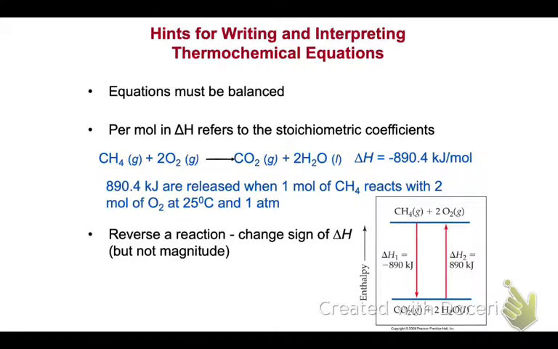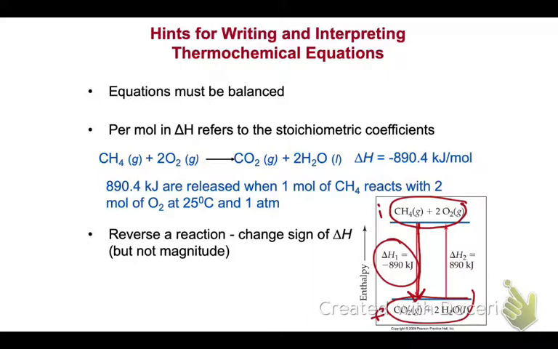If I go from methane and oxygen to carbon dioxide and water going this way, right? This is now final and initial. That will give me delta H of negative 890.